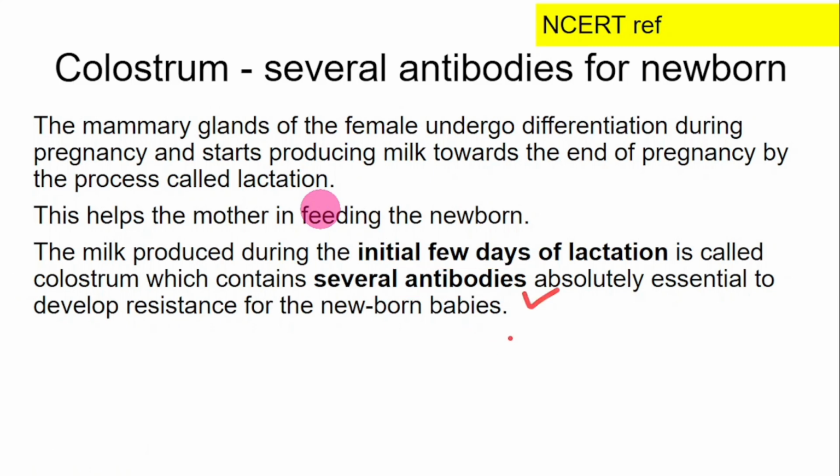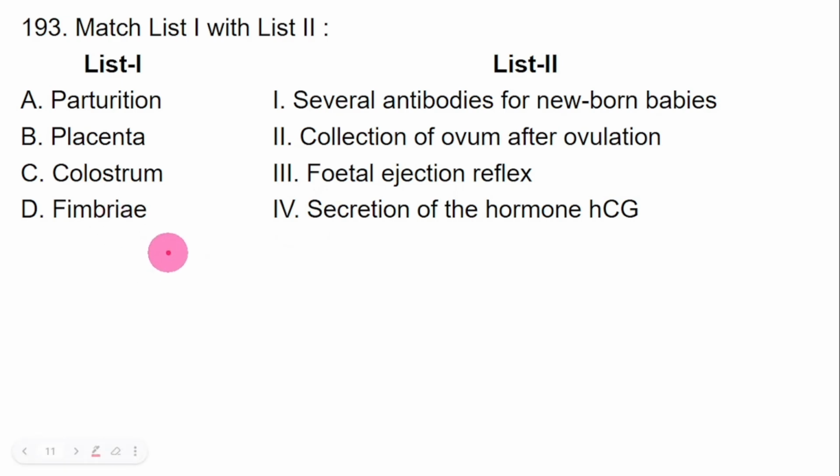Antibodies will protect the newborn from skin infections, respiratory infections or gastrointestinal infections. Their immune system is still developing. So this really helps in developing resistance in the newborn babies. So what you have to remember is colostrum is the milk produced in the initial few days, and it is rich in antibodies.